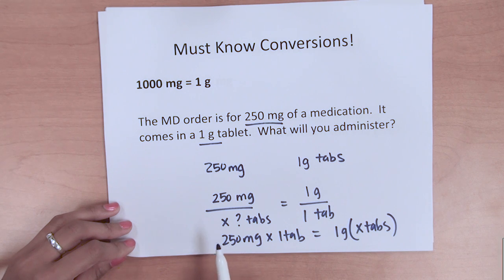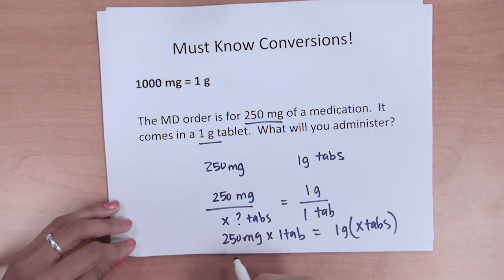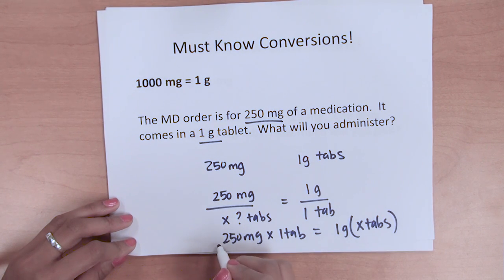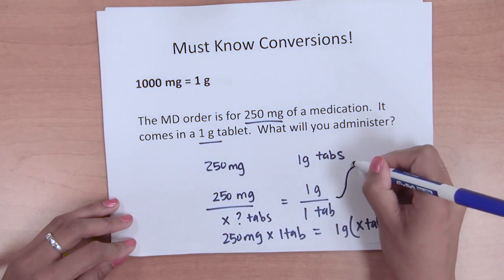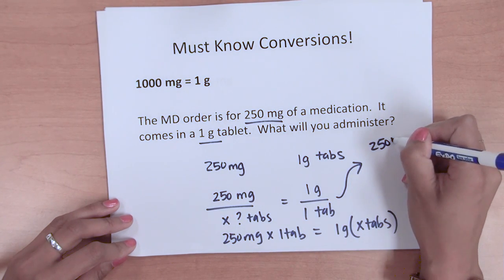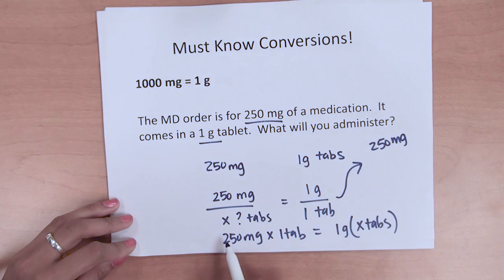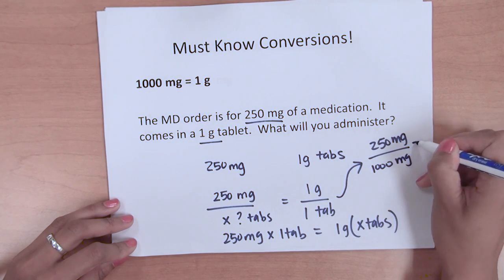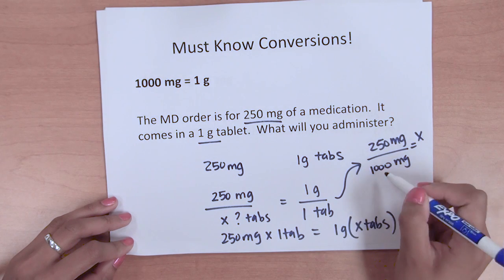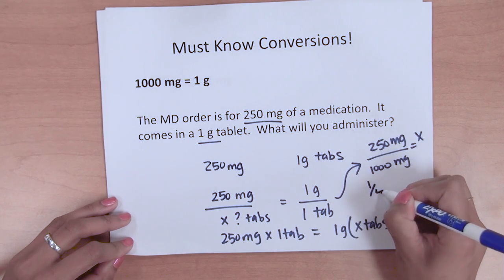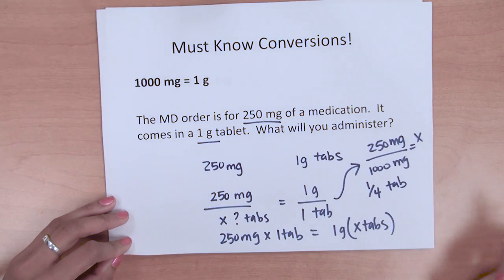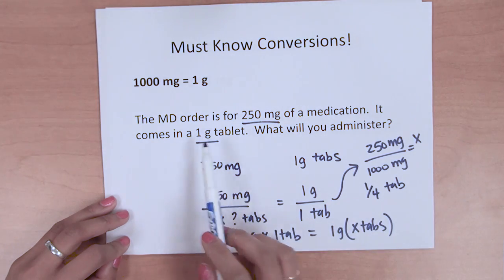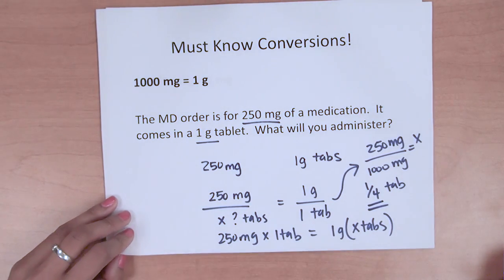And then you can go 250, change your grams to milligrams, divided by 1,000 milligrams equals X tabs, and that will give you 1/4 of a tab. So you're going to take that tab and cut it down into 1/4 to give your dose.